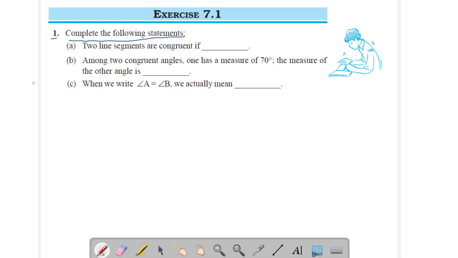And first part A. Two line segments are congruent if they have same length.